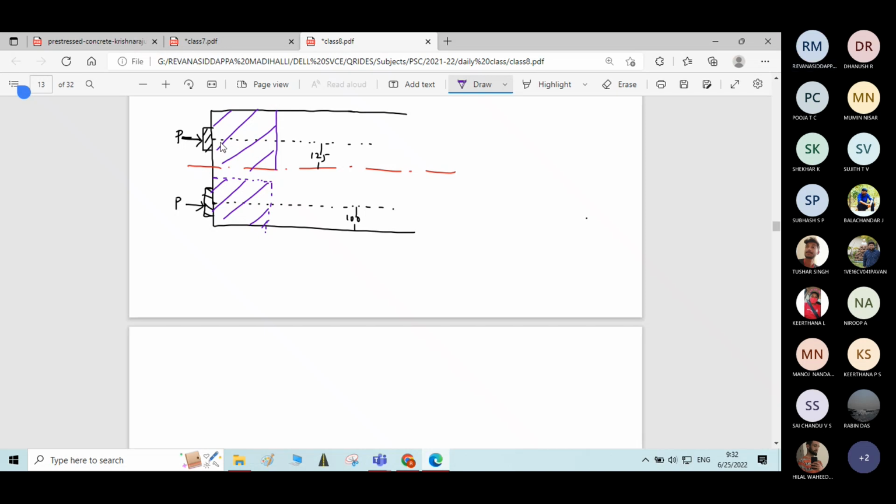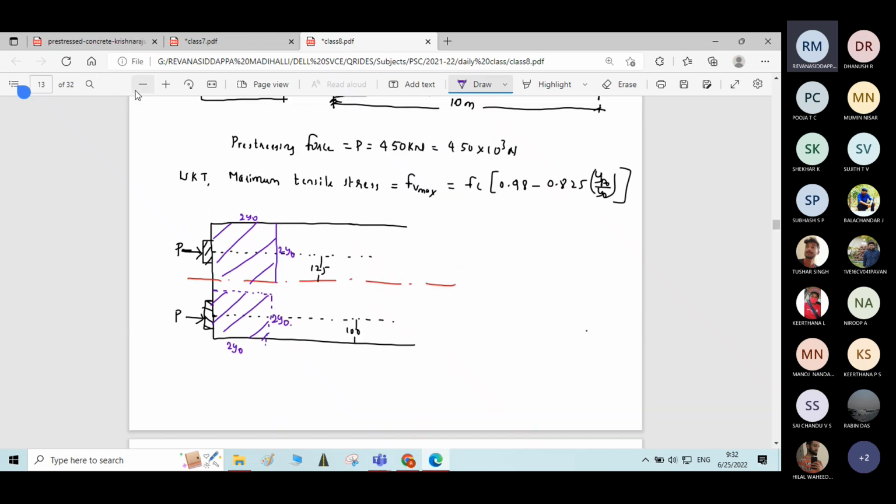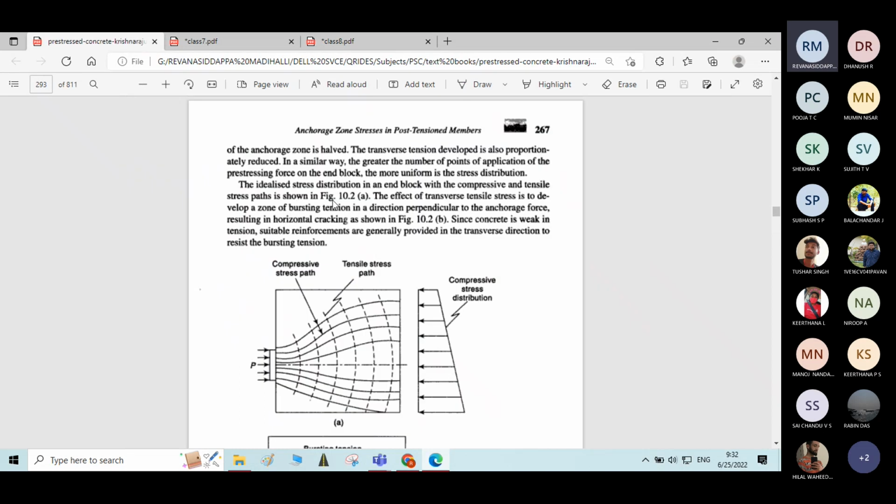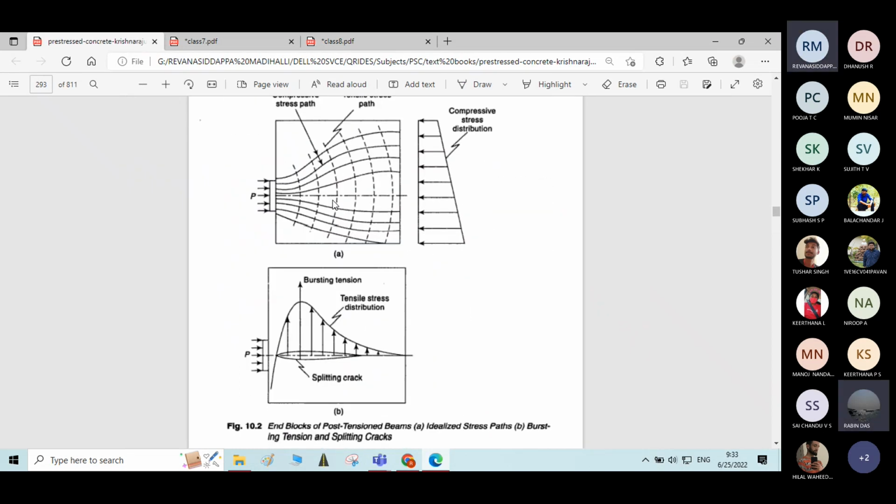This is represented by 2y0 and 2y0. So why are we using these 2y0 and 2yp0 notations? Let me go to the theory part. See here, students.